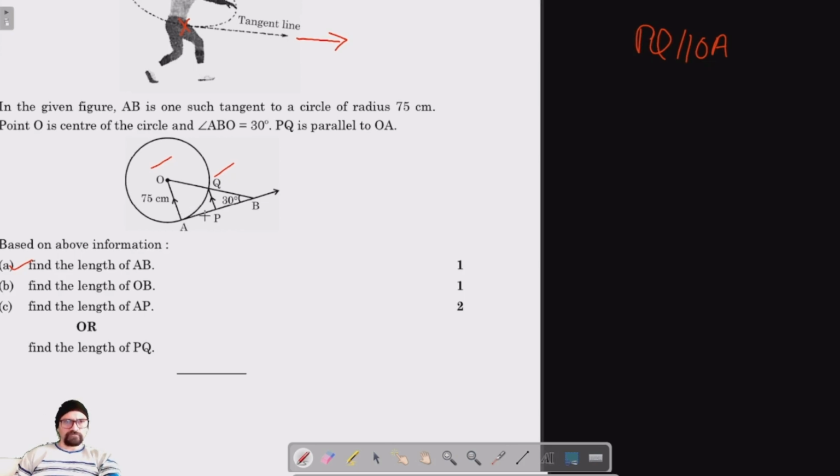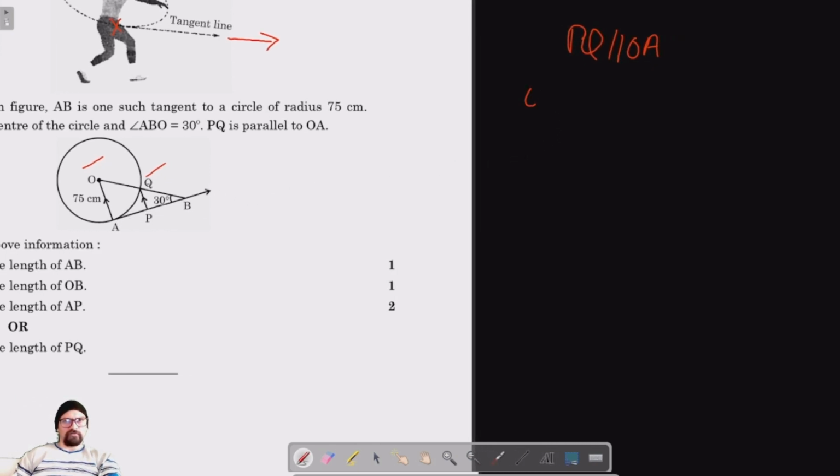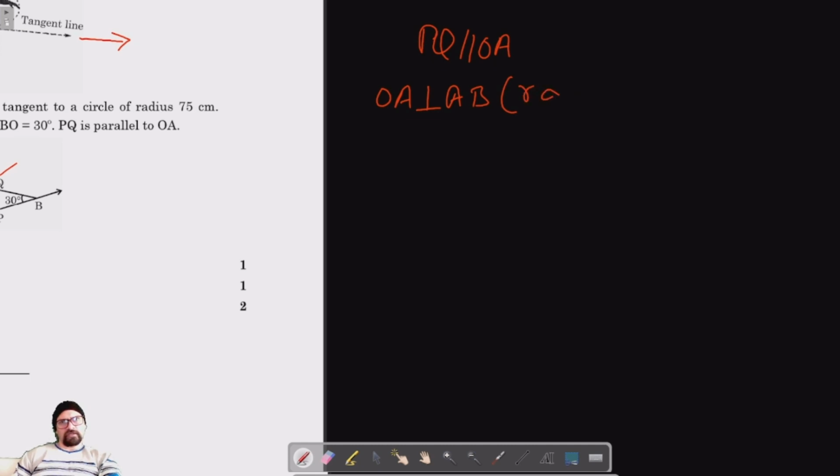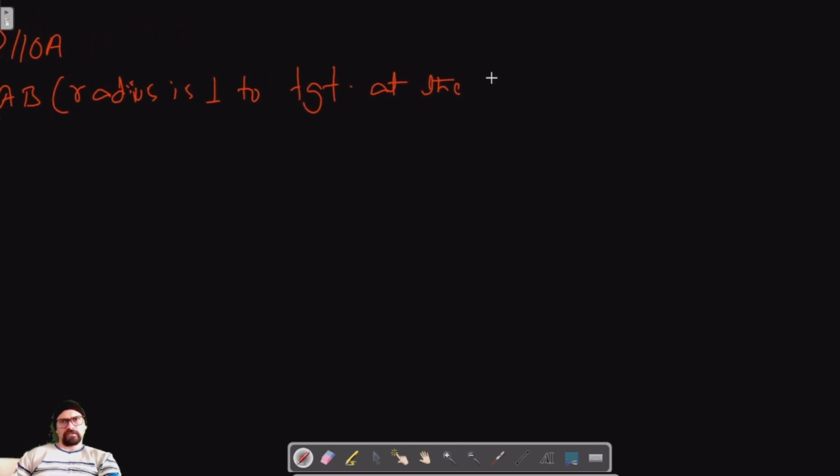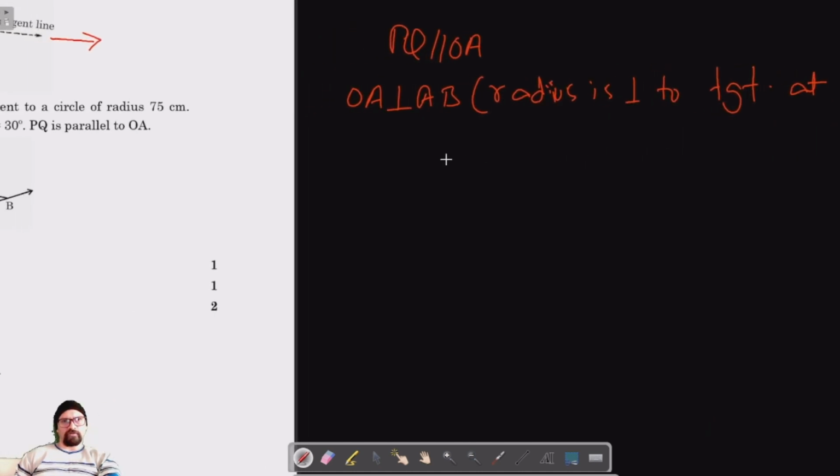Now, AB is tangent and OA is radius, so OA is perpendicular to AB, as radius is perpendicular to tangent at the point of contact.